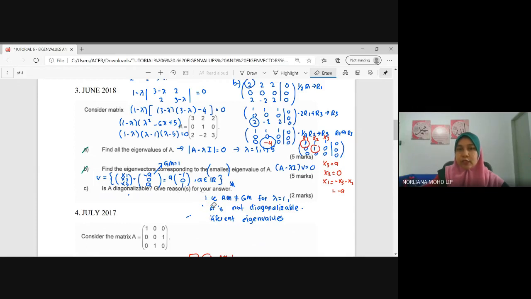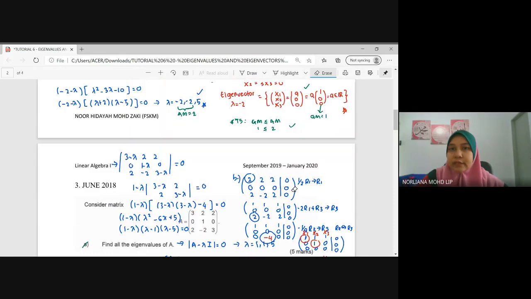Biasanya untuk yang ni berapa? 2 markah je lah. Dia relate dengan question sebelumnya. Tapi untuk format awak ni dia dah berubah lah. Kalau sebelum-sebelum ni 12 markah maksimum, setiap sem ni.